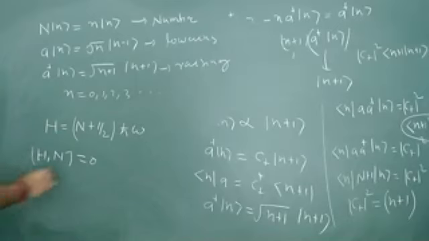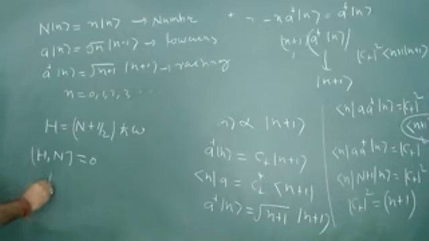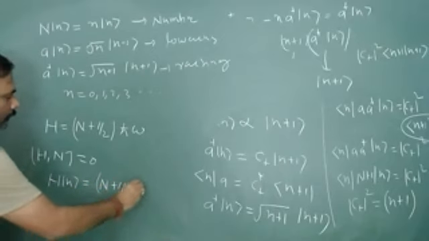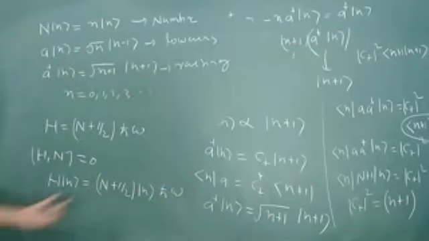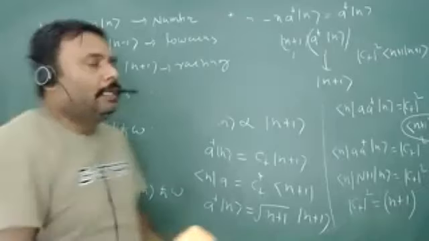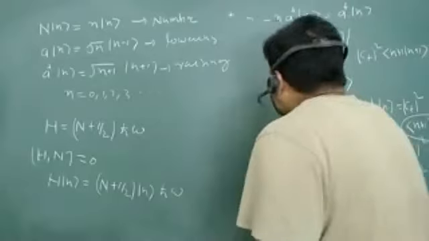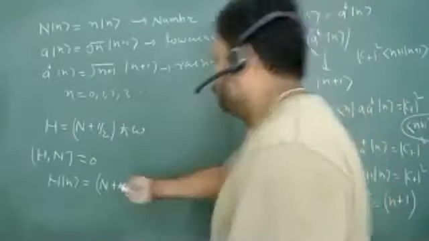So the eigenvector of N will also be an eigenvector of H. So I can say H on n will be n plus half, h cut omega, on n. Now n plus half will operate on n ket, and you will get the actual eigenvalue of the Hamiltonian. And this is the exact matching of the result of nature.